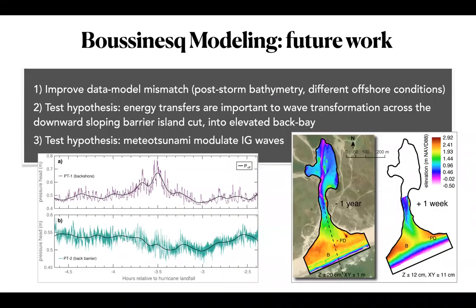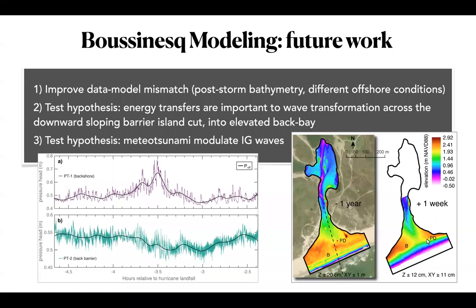So for future work, I need to work on improving the data-model mismatch. I didn't mention this, but we used pre-storm bathymetry. I described the changes to the morphology of the berm during the storm, so I'd like to try to incorporate post-storm bathymetry as well as different offshore conditions.